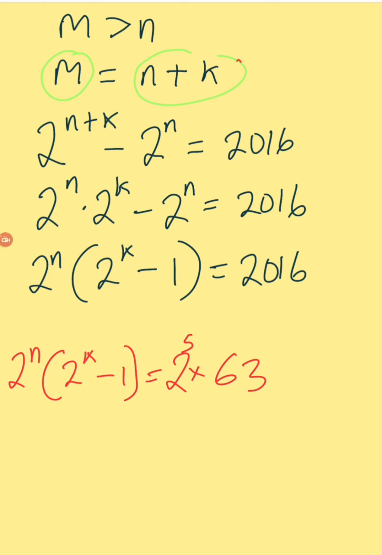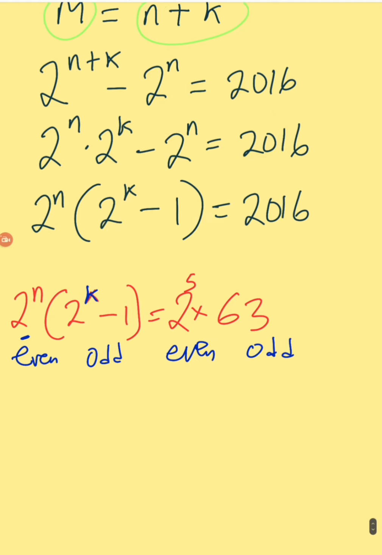This implies that 2 power of any number is always even, and 2 power 5 is 32, which is even. But 63 is odd, and 2 power any value take away 1 must be odd. For example, 2 power 4 is 16, 16 minus 1 is 15. 2 power 6 is 64, minus 1 is 63, so this is odd. So compare even with even and odd with odd.